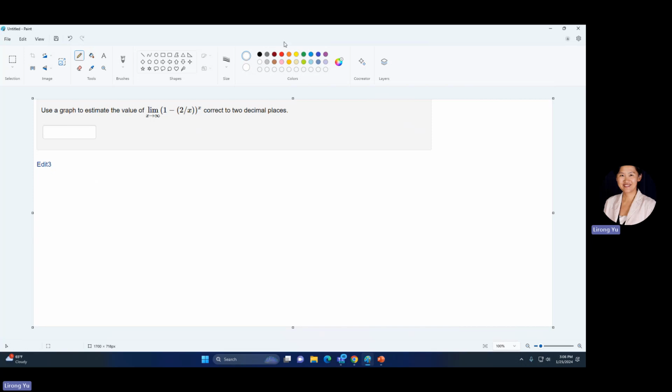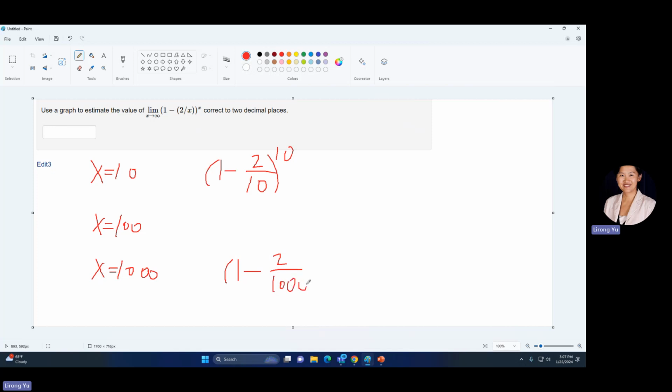If x equal to 10, it's gonna be 1 minus 2 over 10, to the power of 10, right? And I'm gonna try x equal to 100. Actually, we can just try a really large number because x is supposed to go to infinity. So it's gonna be 1 minus 2 over 1,000, to the power of 1,000.